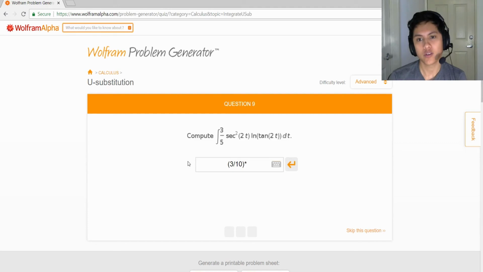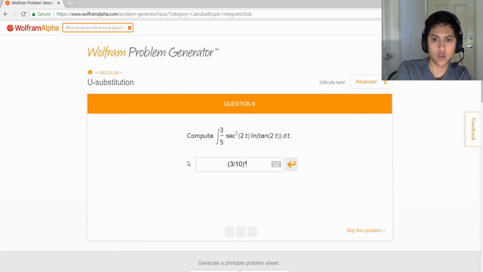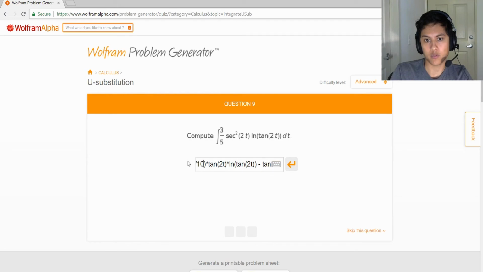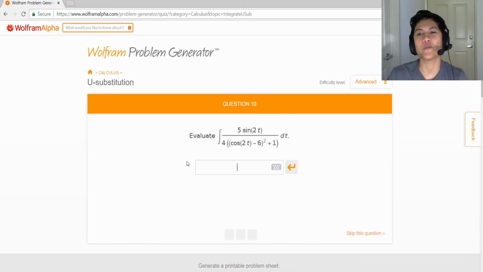So I have to do times u, which is tan 2t, times ln u, ln tan 2t, minus u, tan 2t plus c. And then all of this needs to have the 3 over 10 multiplied in here. Right? I think that's it. Dang, after all that hard work.